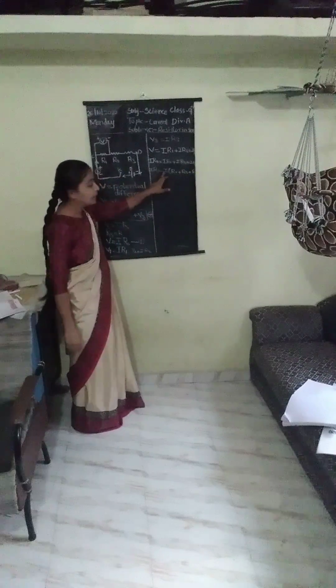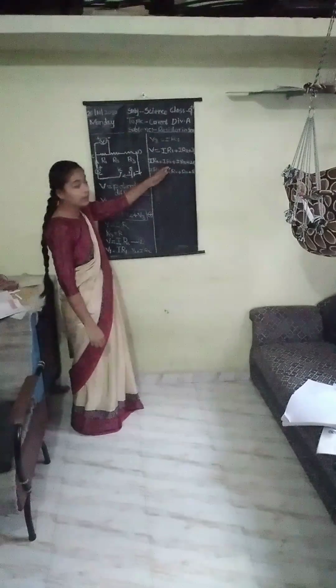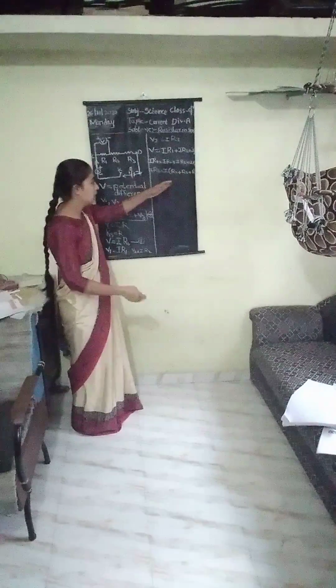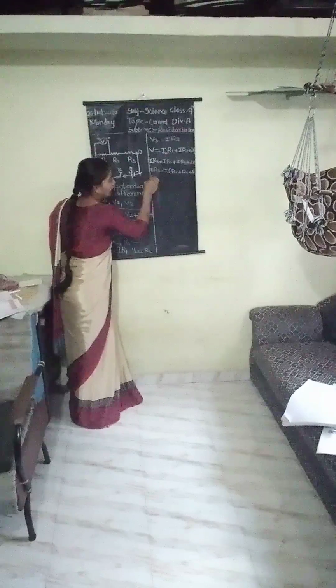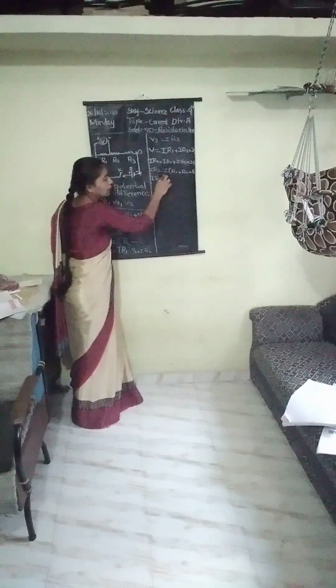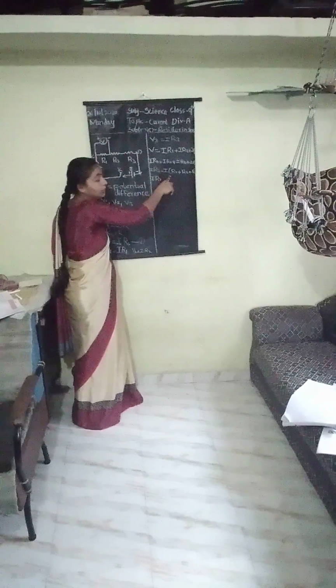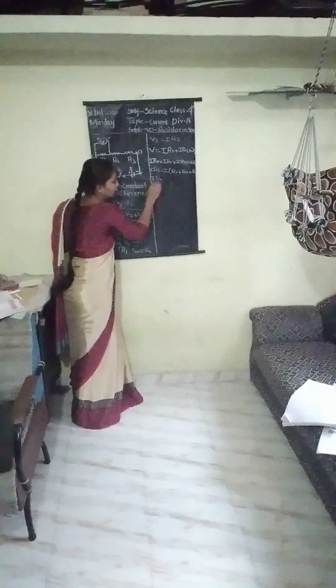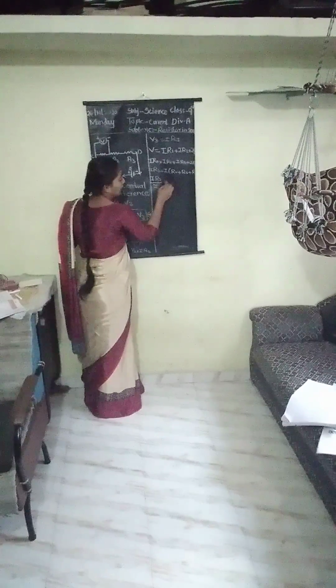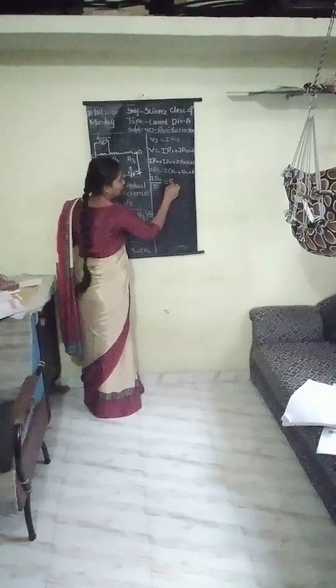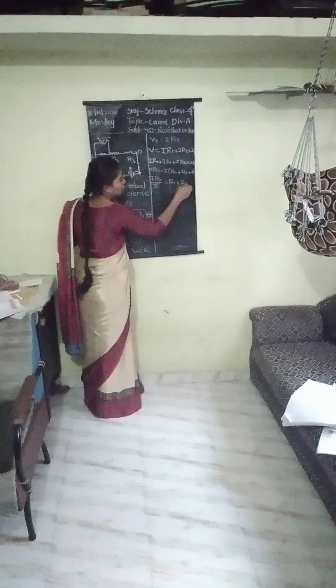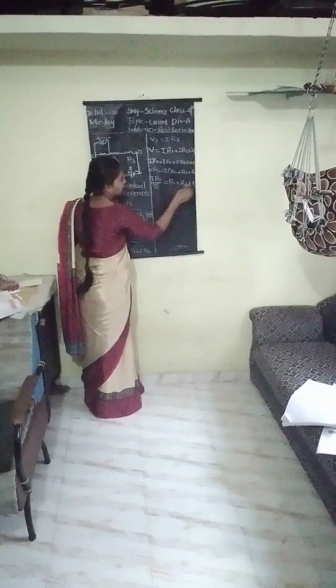Since I is in multiplication, we can take it from this side to that side, where it goes in dividing form. So we get I Rs upon I is equal to R1 plus R2 plus R3.